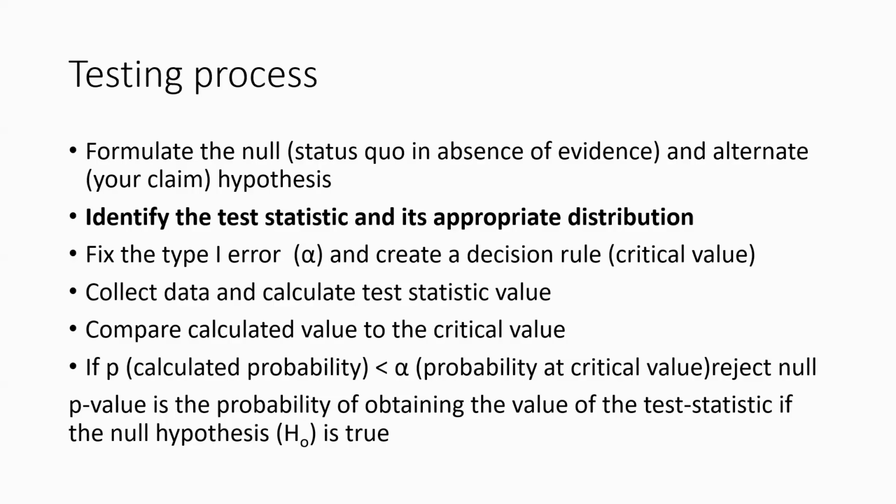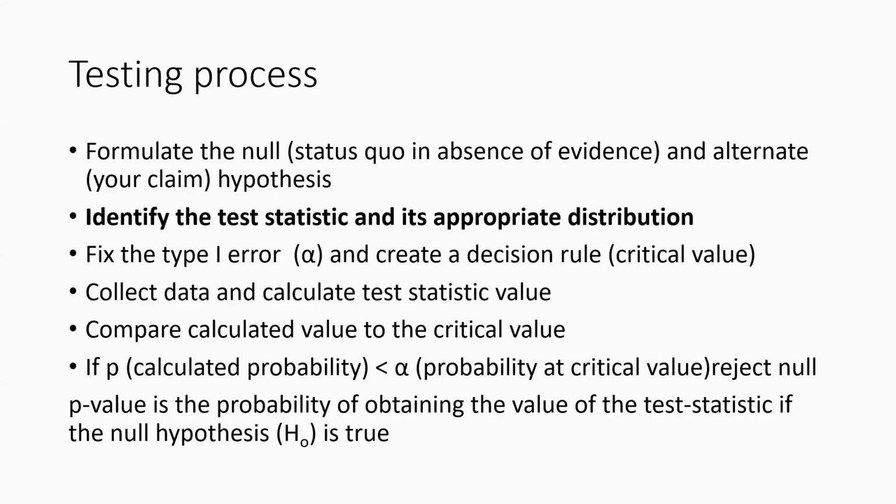But you fix one of these in advance, and then you collect data and calculate the test statistic value. You compare the calculated value to the critical value. This critical value is what you get from this appropriate distribution, the distribution of the test statistic, which is like the standard which you compare your sample value with.